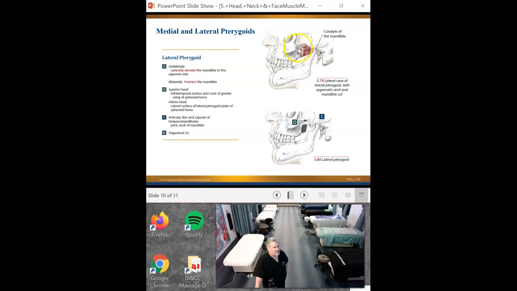So something that's really interesting about this is, this guy hooks to the sphenoid bone as well. But what's really interesting is that it inserts into what's called the articular disc and capsule of the temporomandibular joint. Back here there is a joint capsule.